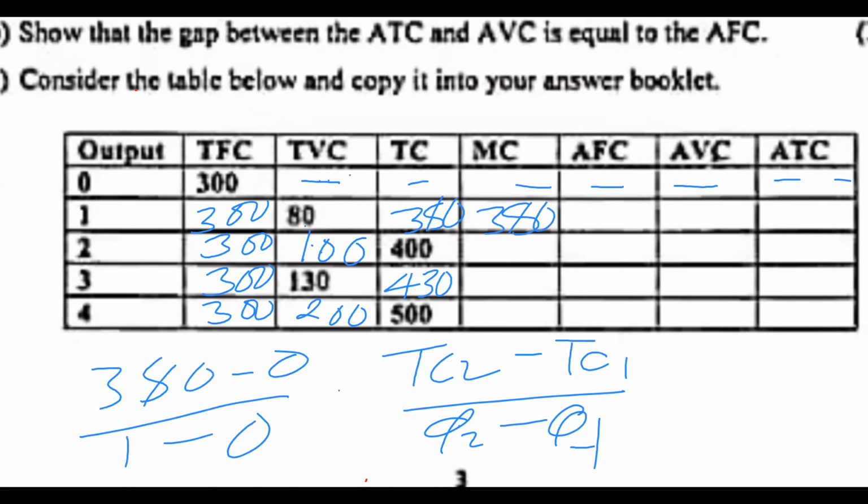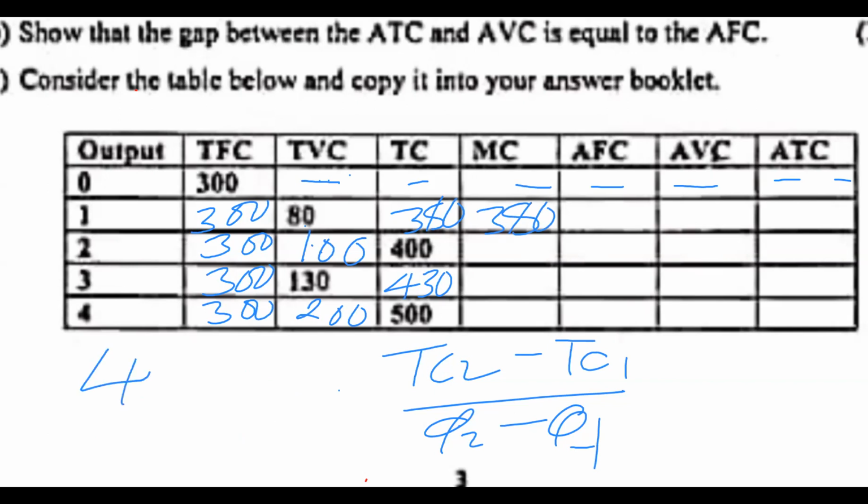Then you will say 400 minus 380. That gives us 20. And 430 minus 400 gives us 30.